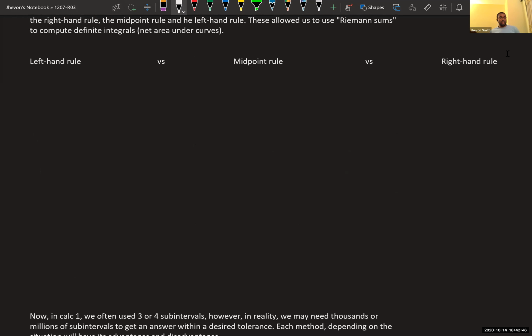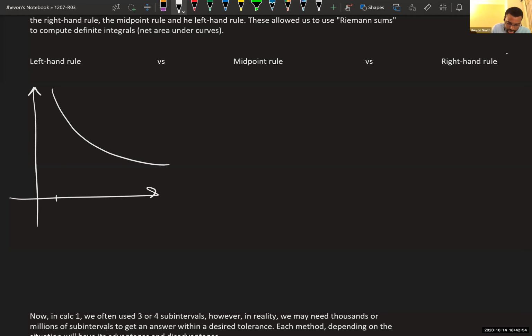There was something called the left-hand rule. So if you have, let's say, a function doing its thing, and you care about the area from A to B, what you did was go in and dissect this into a bunch of what you called subintervals. The left-hand rule said that the left side of each subinterval, you extend it up, and that would touch the function.